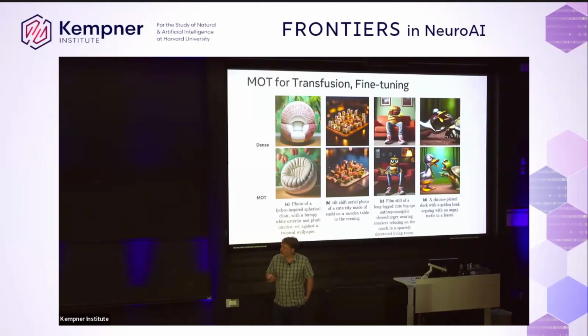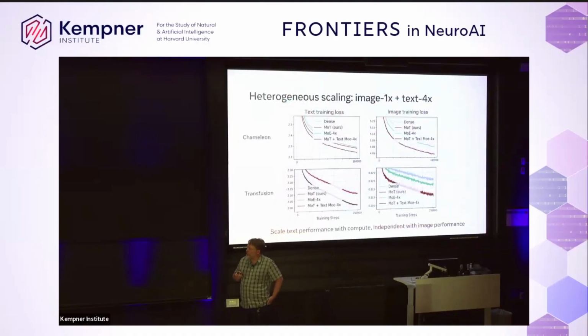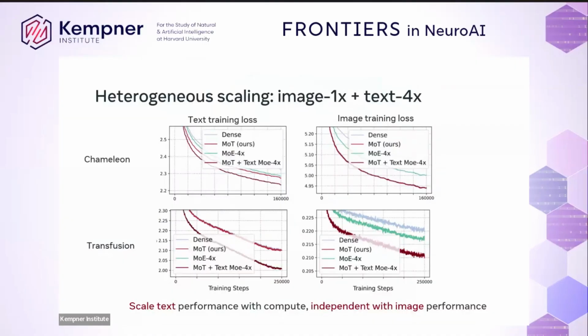And then you can also play other tricks. One bad thing about how we've set it up right now is that because we have the same transformer shared across all the modalities, it also needs to be the same size. Actually, state-of-the-art text models in general are much bigger than state-of-the-art diffusion models. But now, since we've done this MOT and decoupled the parameters, we can start to scale them differently.